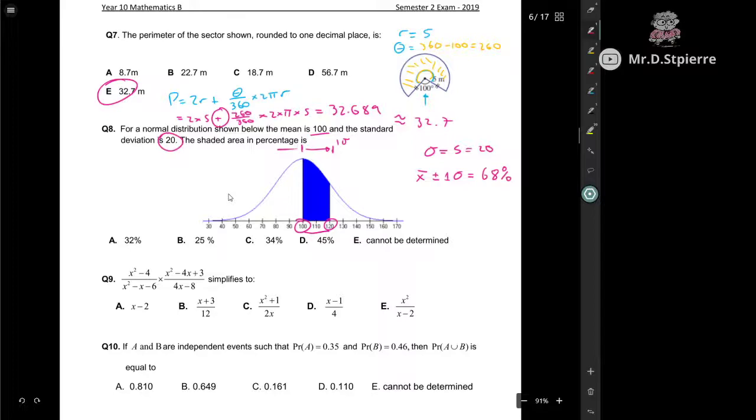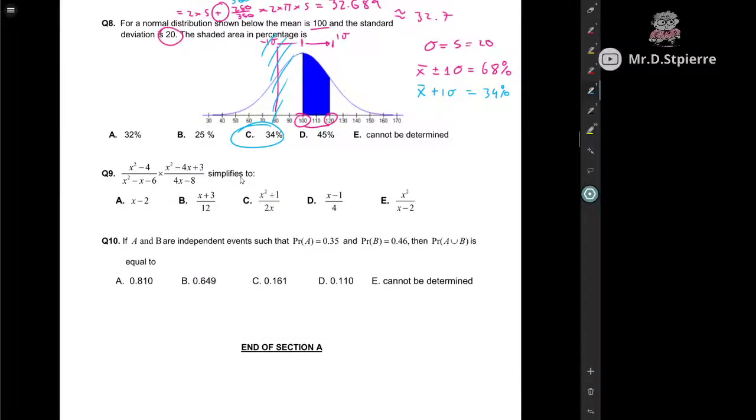That would be going both sides, up one standard deviation or down one standard deviation, as well as 68%. A normal distribution is expected to be distributed symmetrically. So since we are halving it, ignoring the bottom half, within the mean, just plus one standard deviation is half of that. So that is 34%. So the answer is C, because we're only dealing with the top half of one standard deviation.